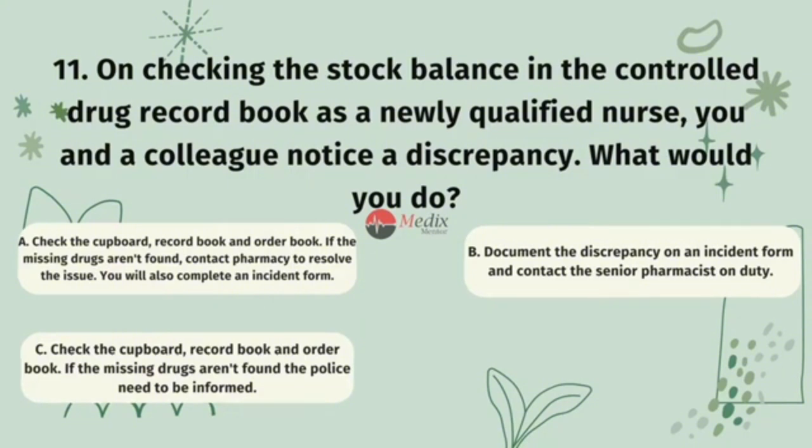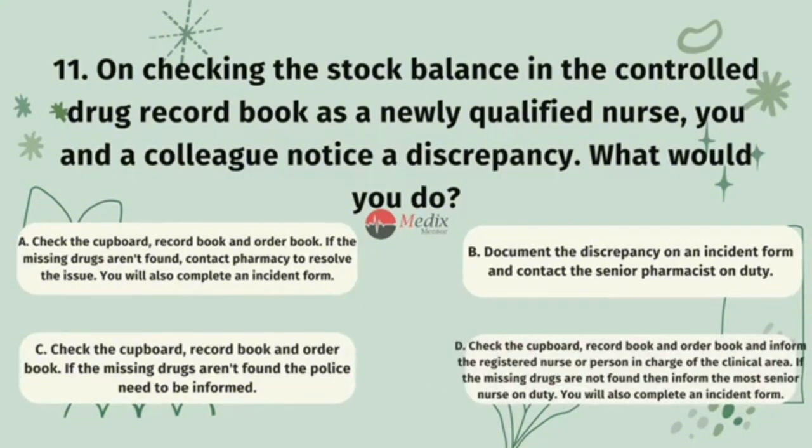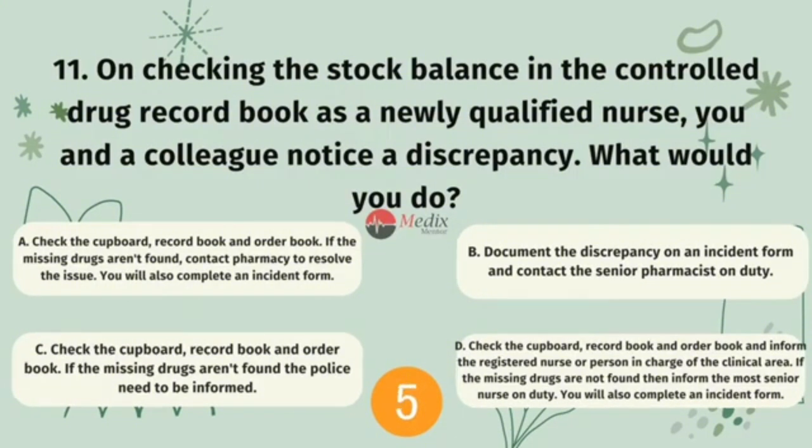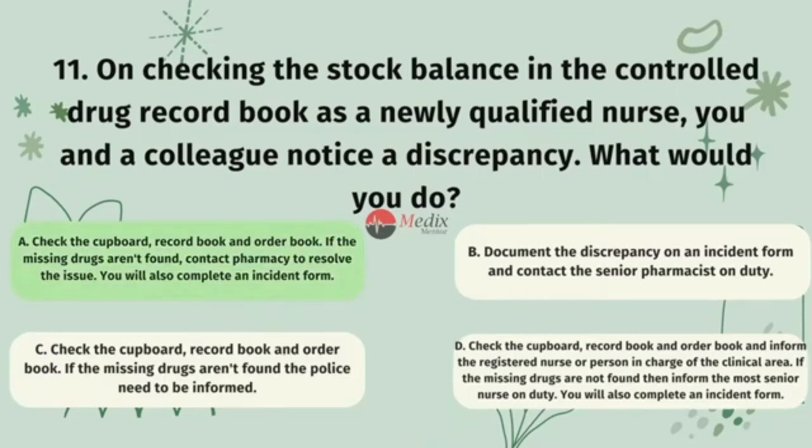If the missing drugs aren't found, the police need to be informed. Option D, check the cupboard, record book, and order book, and inform the registered nurse or person in charge of the clinical area. If the missing drugs are not found, then inform the most senior nurse on duty. You will also complete an incident form. The correct answer is A.